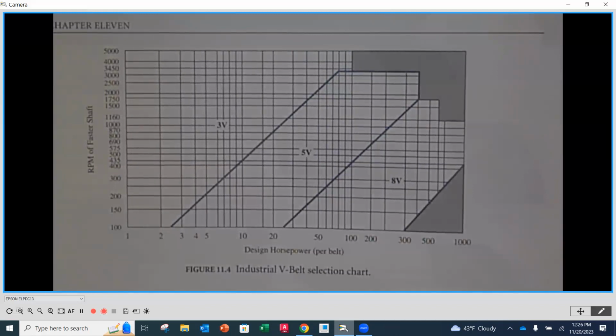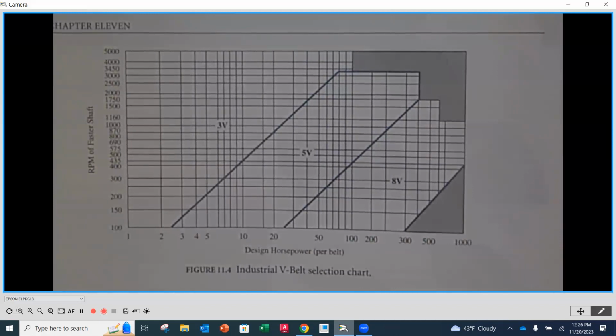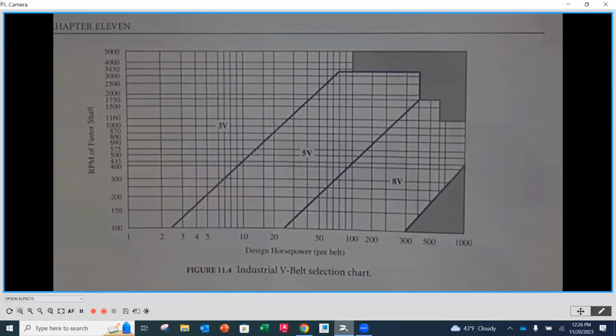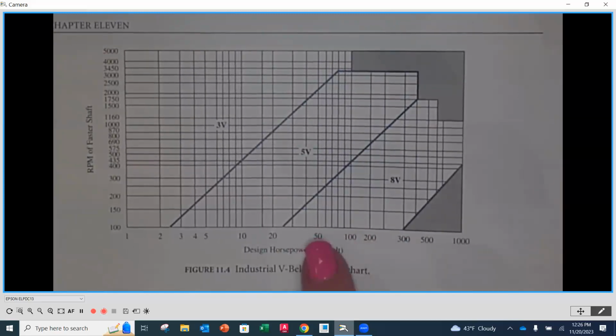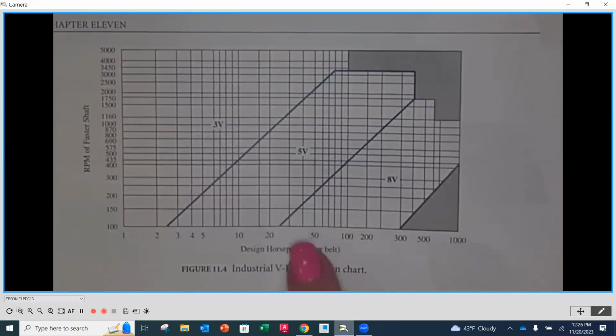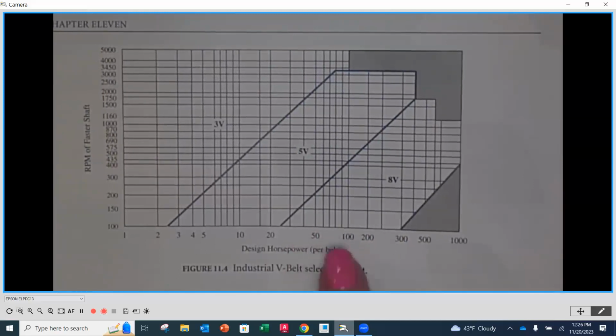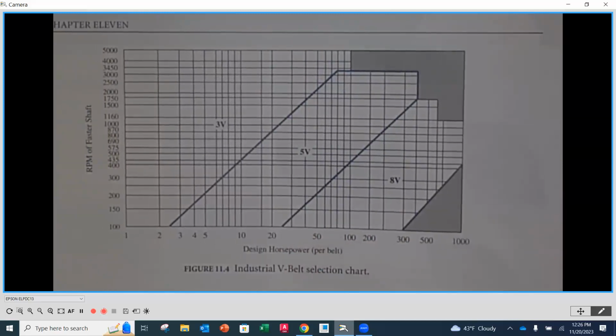Many times, and when we get to design of machine elements next term, we're going to know more about the application, and we're going to categorize it as such, how volatile it is, what is the chance of overloads. So for instance, if we're doing a belt drive for an automobile as opposed to a belt drive for a rock crusher in a quarry, they're going to have very different design horsepowers. An automobile is going to be closer to the actual horsepower of whatever it's coming off of, but a rock crusher in a quarry is going to have a higher factor that we're going to be taking into consideration.